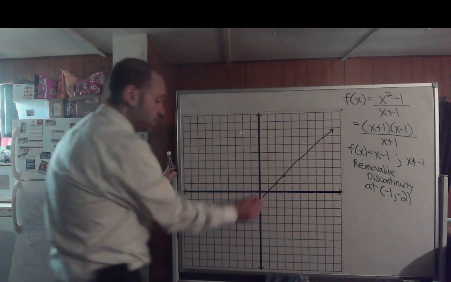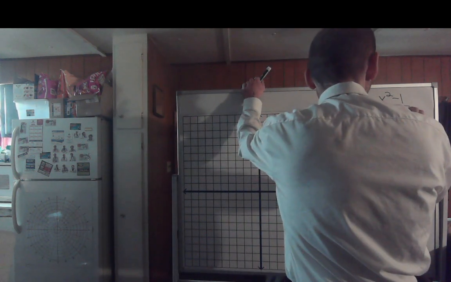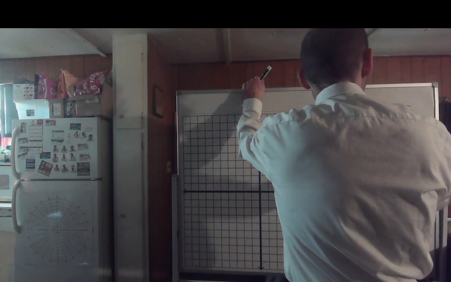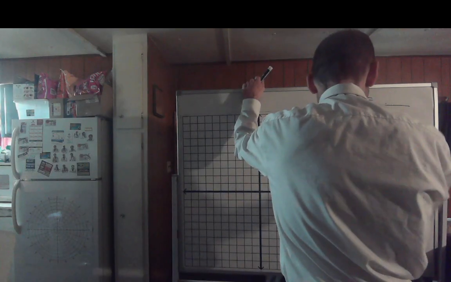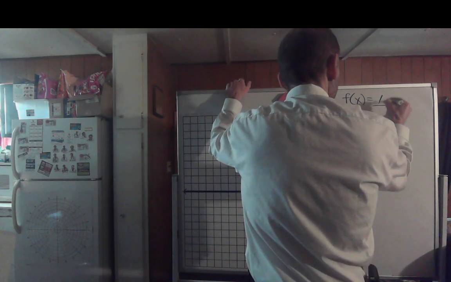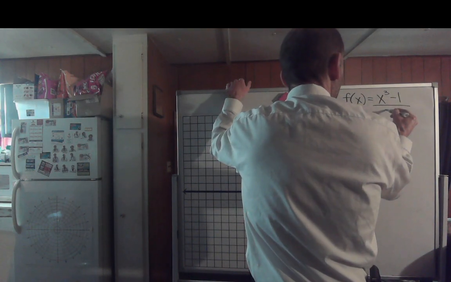Let's do another one where you have a removable discontinuity. Let's say this time I'm going to do f of x equals x cubed minus 1 all over x minus 1.